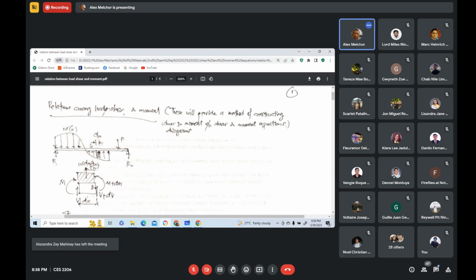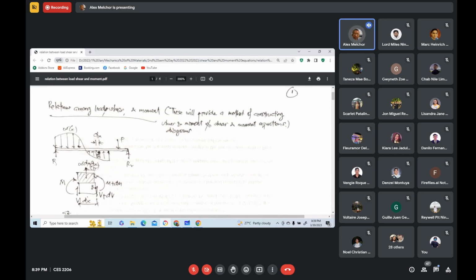And we will now consider a very small element, a differential element whose length is dx. Now we enlarge this element and we draw it here.